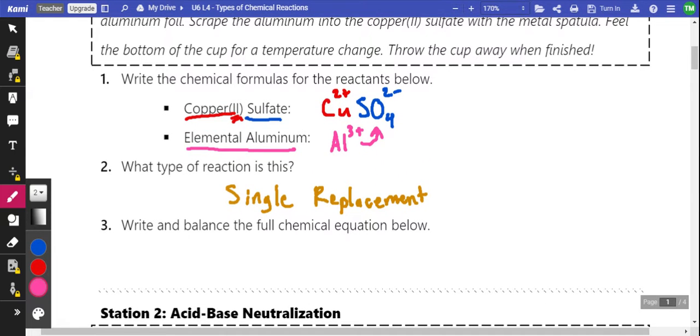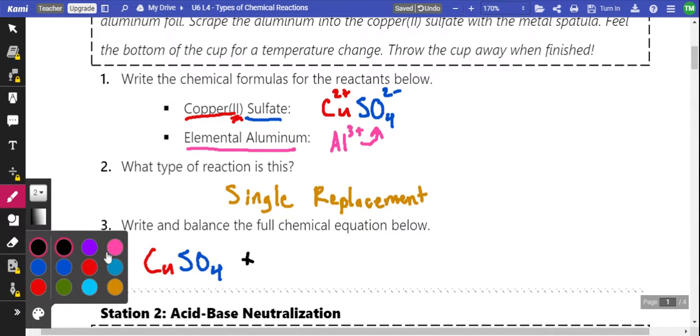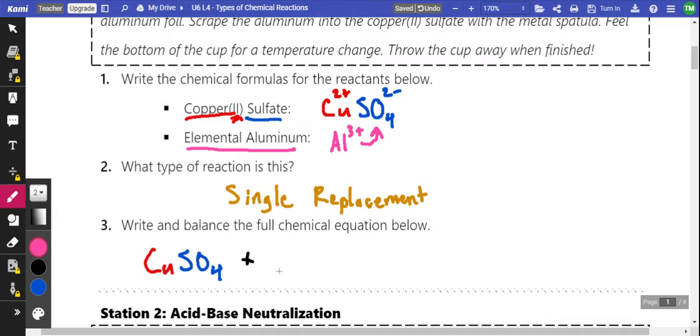Okay, write and balance the full chemical equation based on our reactants and our reaction type. So if we are dealing with copper sulfate reacting with aluminum metal, aluminum as an element, right?